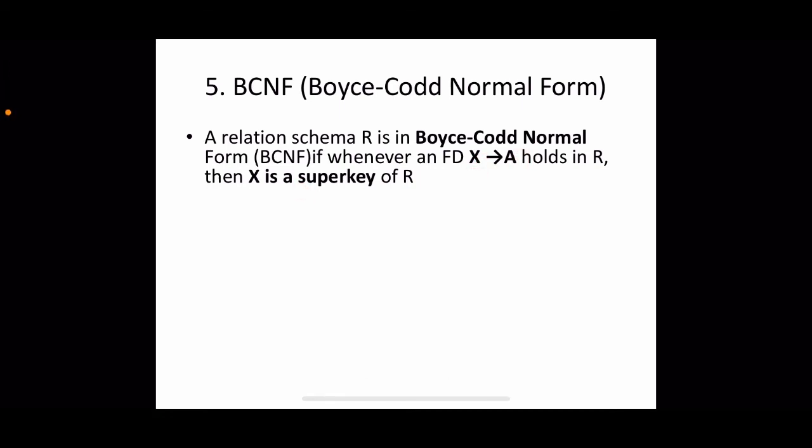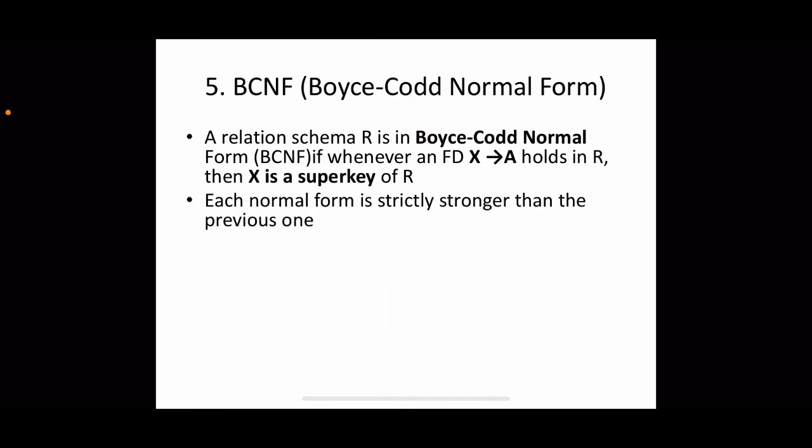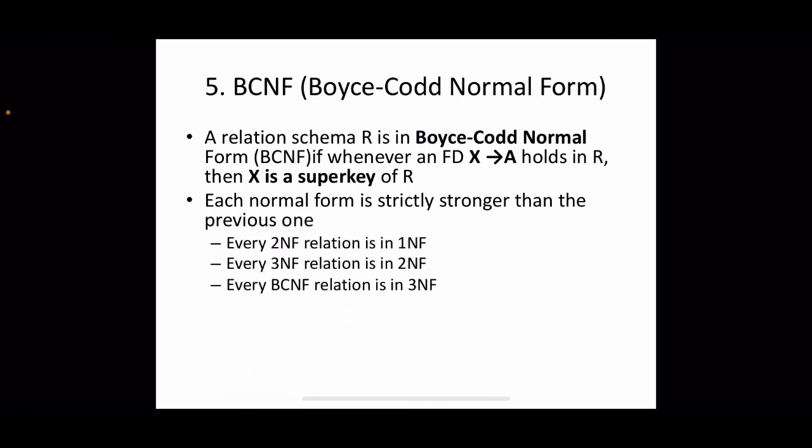So each normal form is strictly stronger than the previous one. For example, 2NF is always stronger than 1NF, third normal form is always stronger than second normal form, and BCNF is stronger than third normal form. And obviously there can be relations that are in third normal form but not in BCNF, right?